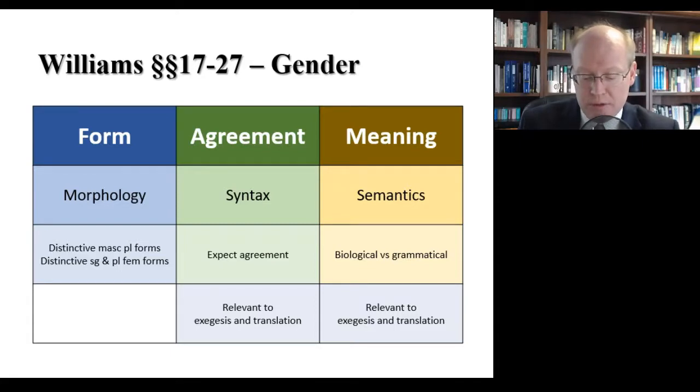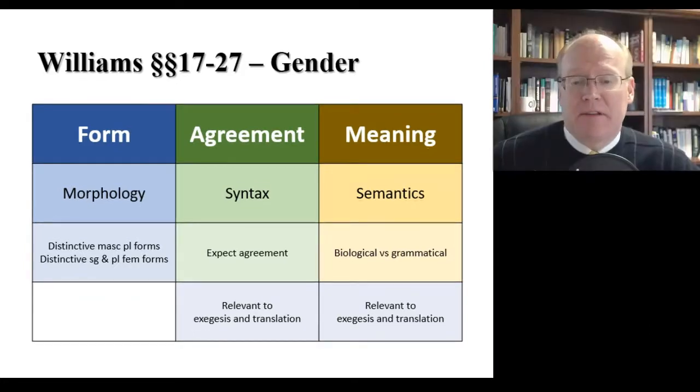It is not true that speakers of a language with a two-gender system think of all objects as male or female. Rather, as F.R. Palmer argues, it is simply that the grammar of their language divides all nouns into two classes which correspond to those genders. There's no reason to think that that's the case.